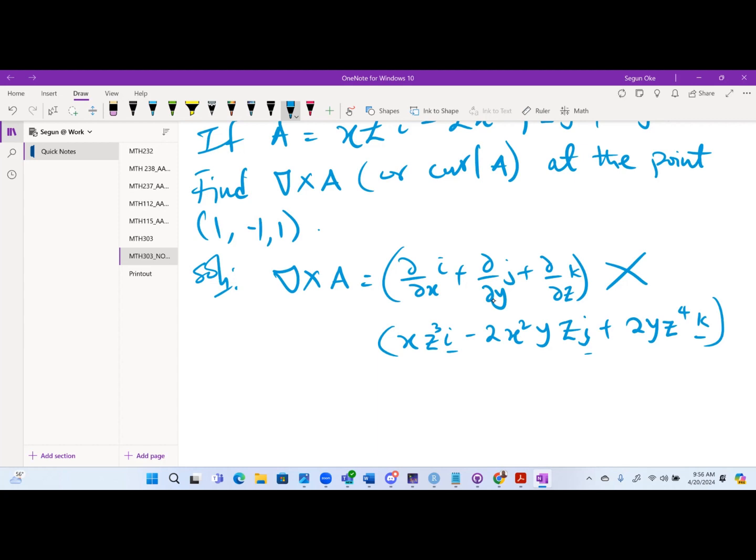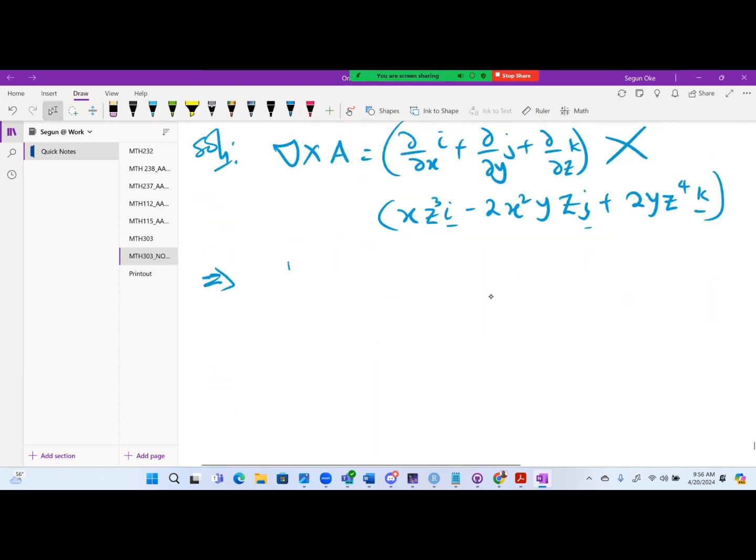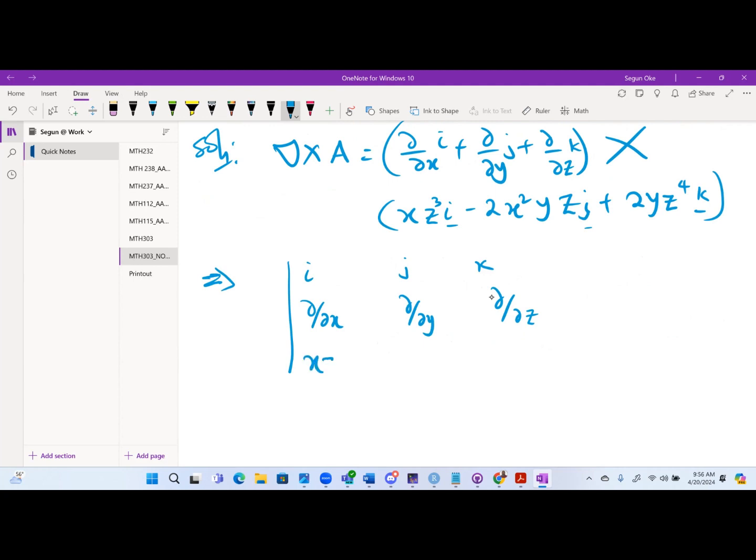So cross means using the determinant method, which means I will have the matrix i, j, k. So I have d/dx here, d/dy here, d/dz here.